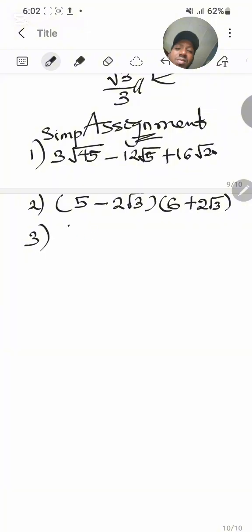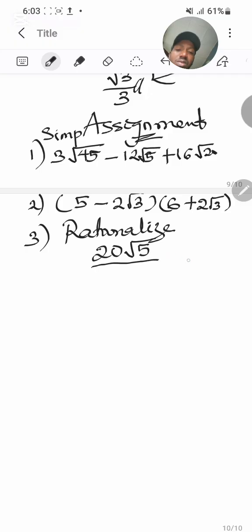And lastly, we can rationalize this question. We can say 20 root 5 all over, or let's take it this far, 20 over 4 root 5.